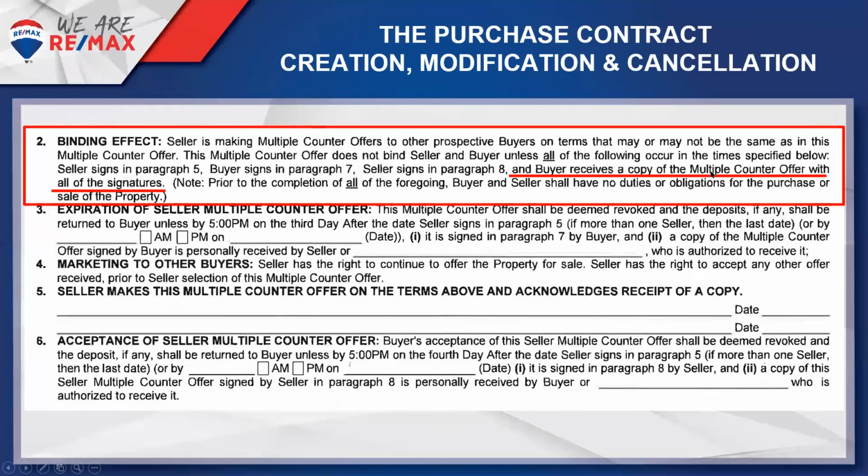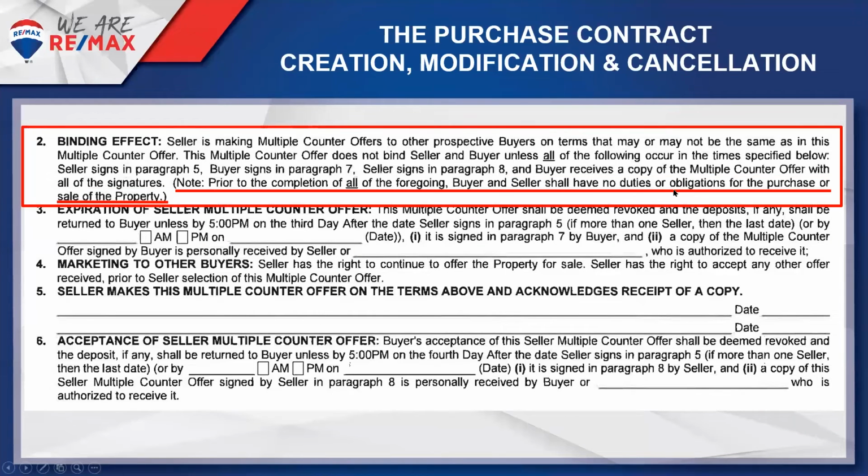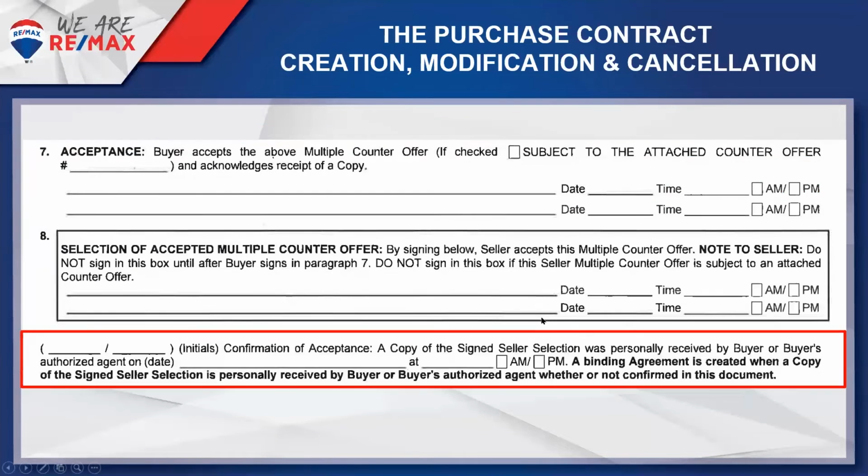And the buyer receives a copy of the multiple counteroffer with all the signatures, including the signature in paragraph 8. And until all of that is completed, the buyer and the seller have no obligation towards each other or for the purchase or sale of the property.